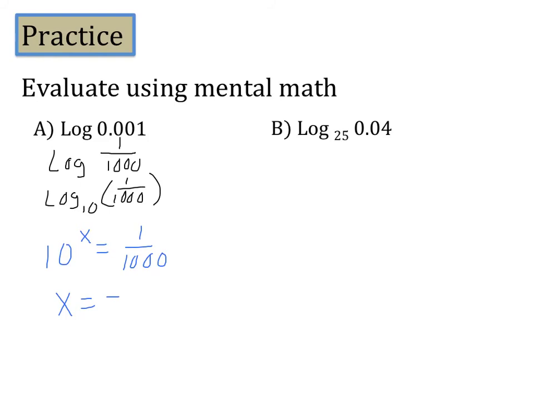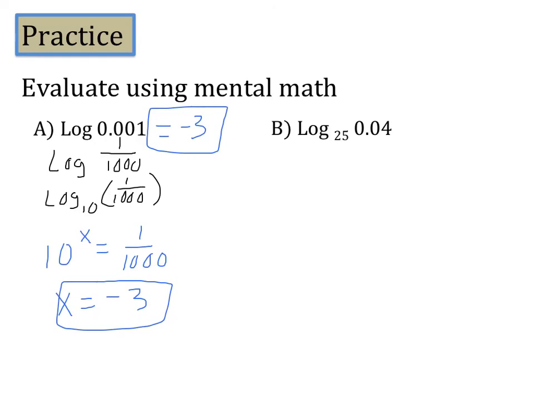Well, I know that 10 times 10 is 100, and 10 times 10 times 10 is 1,000. So if I raised 10 to the -3, I'd get 1 over 1,000. So the answer to this one is -3.